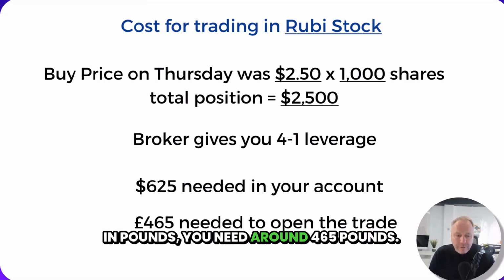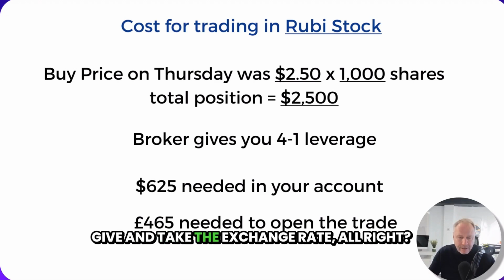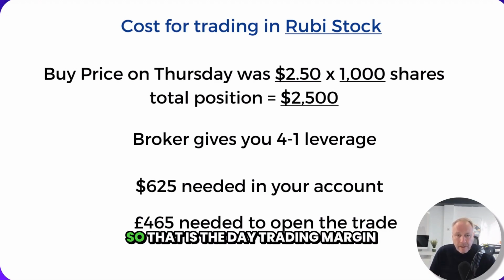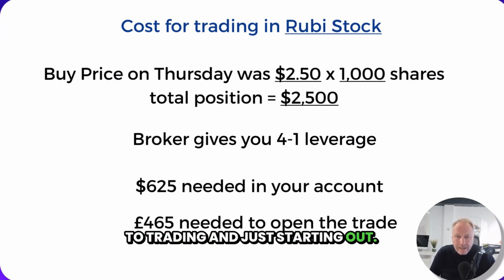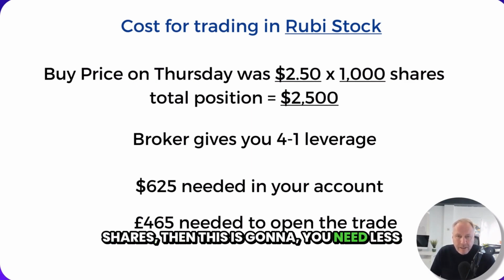In pounds, you need around £465, give or take the exchange rate. All right, so that is the day trading margin requirement for opening this trade. All I need is $625 to do 1,000 shares, and that's a pretty big position if you're new to trading and just starting out. All right, obviously if you want 100 shares, then you need less money in the account.